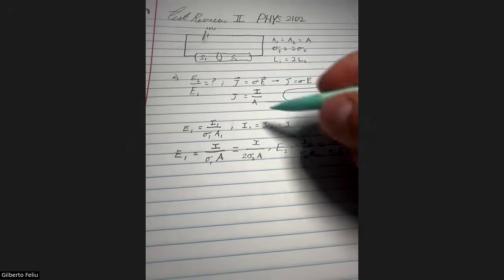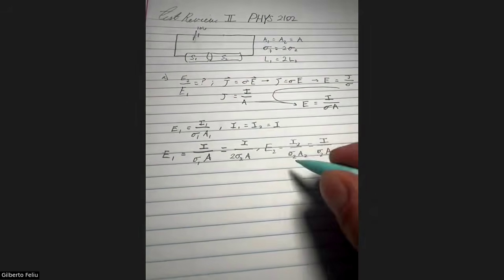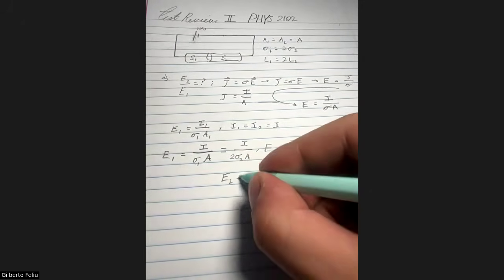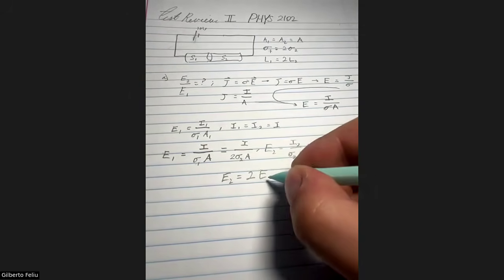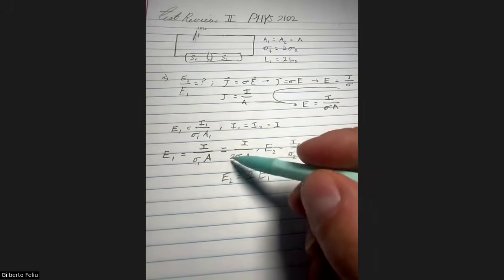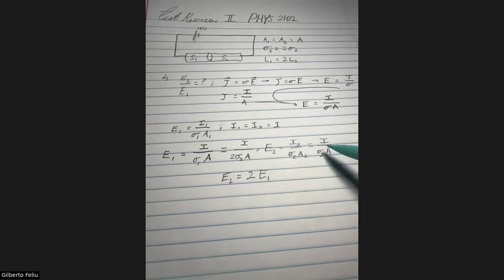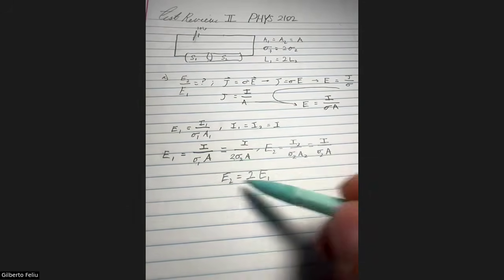And notice, given each expression, E2 is equal to 2 times E1. Because look, this has a 2 in the denominator and it's identical to this one, except for that 2 in the denominator. So E1 is equal to half of E2.